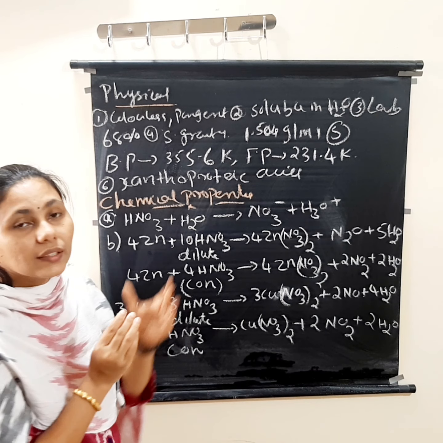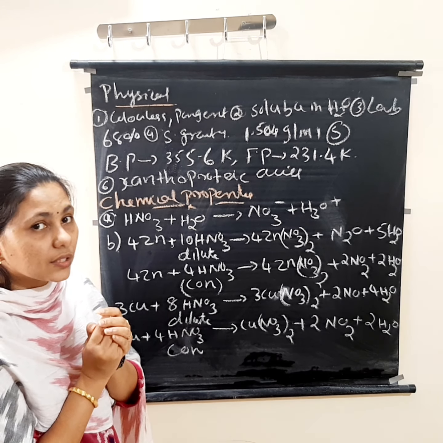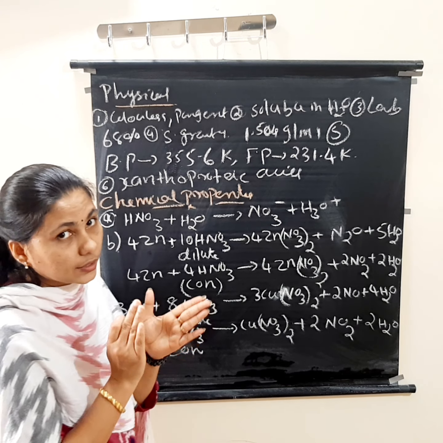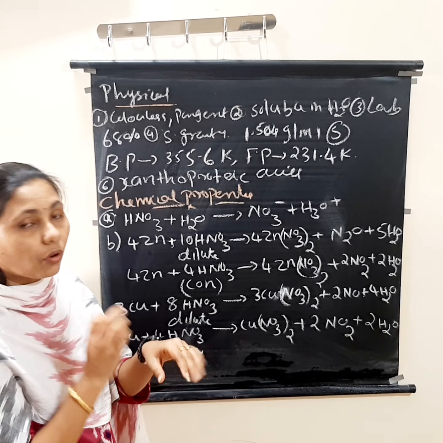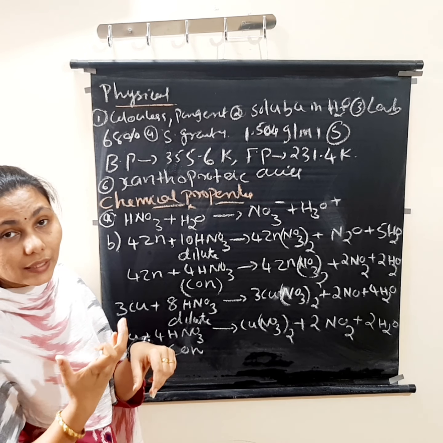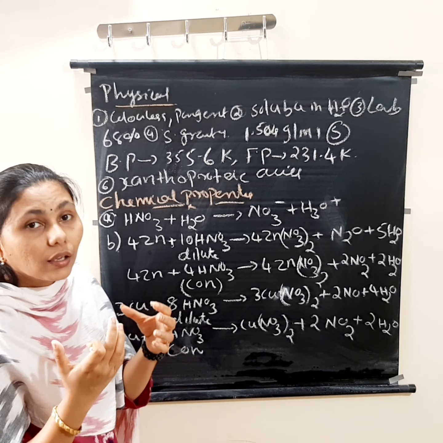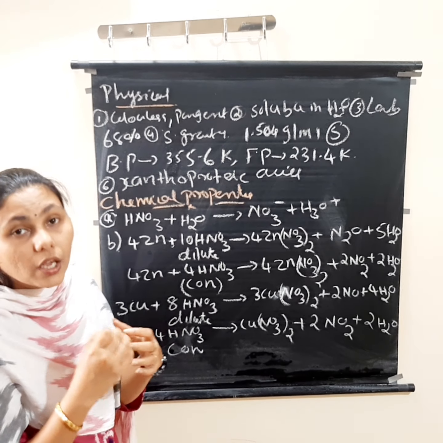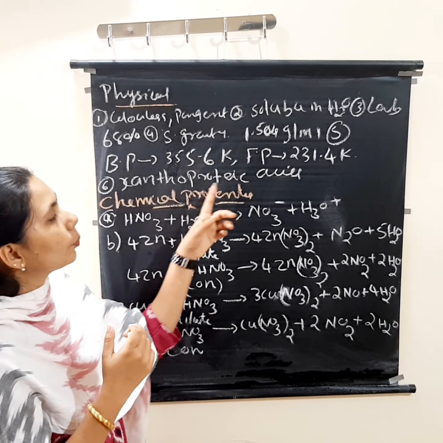Then, in these physical properties, one important part is that it is corrosive. Nitric acid, as we know, is concentrated and corrosive. If it is on the skin, it will form yellow blisters. The yellow blisters are formed due to the formation of xanthoproteic acid.